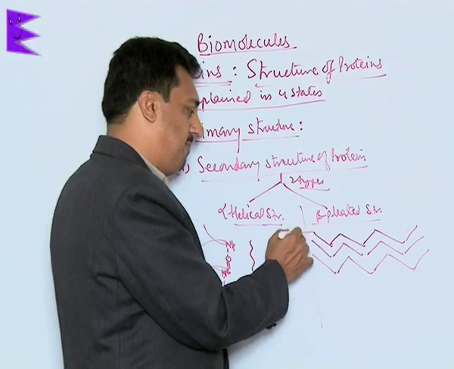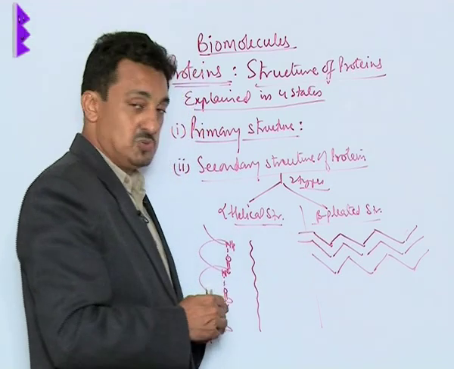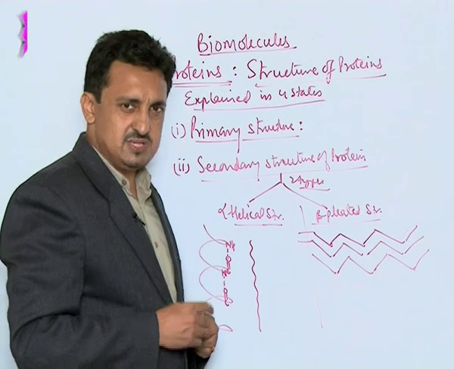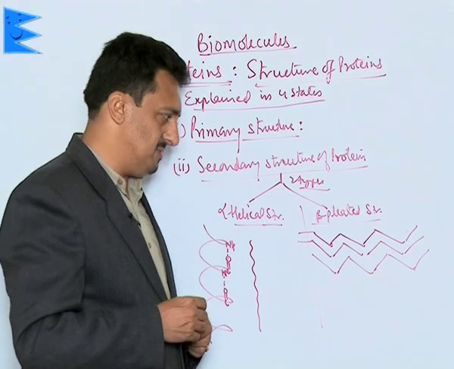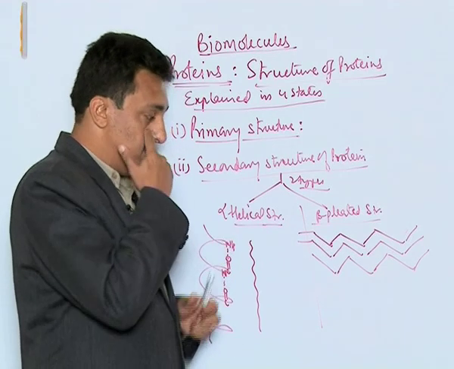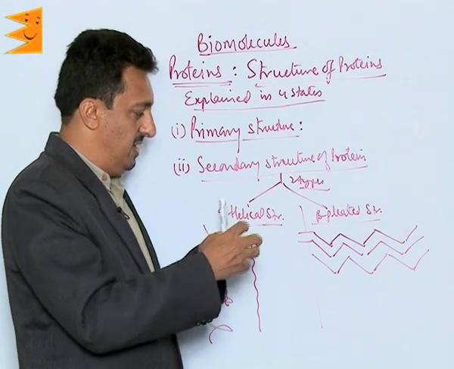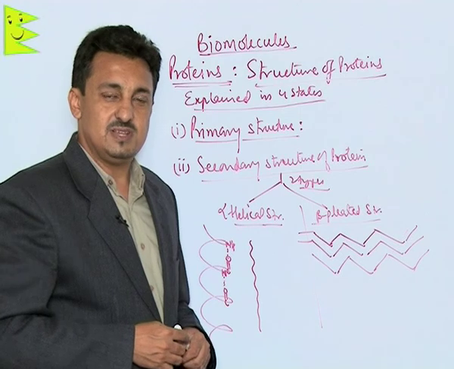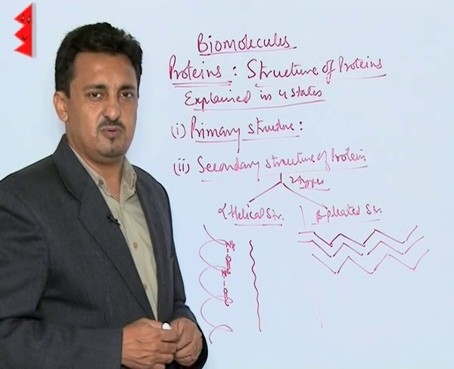In this, one polypeptide chain is attached to the other polypeptide chain through intermolecular hydrogen bondings and disulfide linkages, etc. But since the chain structure is open and the chains lie one after the other, it's called beta pleated structure. That's the secondary structure of protein.